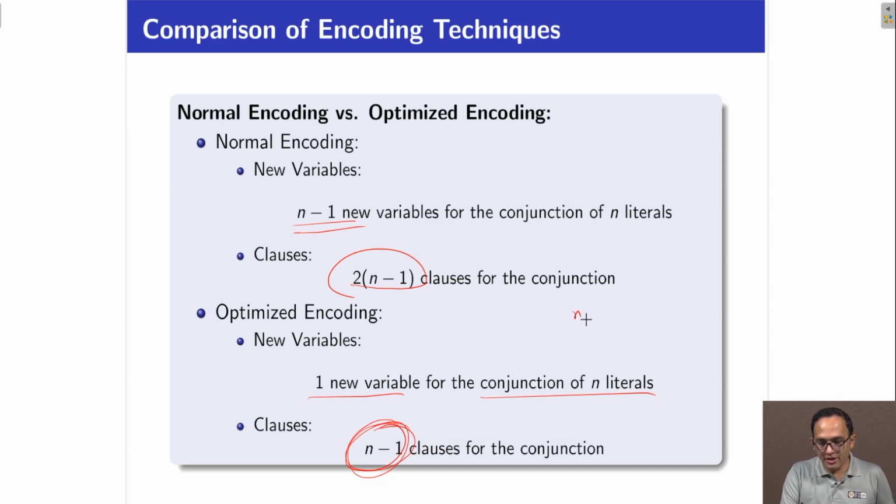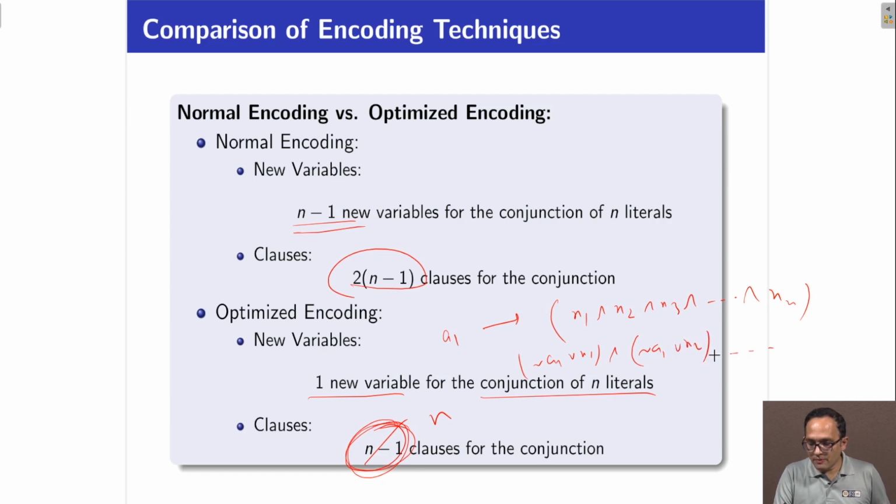So, what I am trying to say is that x1 and x2 and x3 and so on up to xn, this is what I have. Then effectively, if there are n literals I will get n clauses, because a1 implies this. So, the result will be not a1 or x1, and not a1 or x2, and so on, and then not a1 or xn.